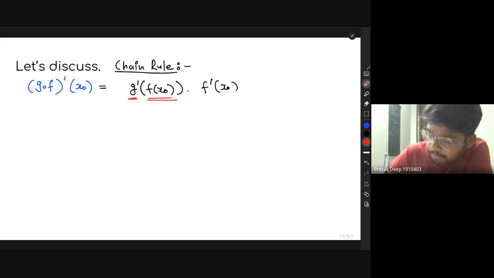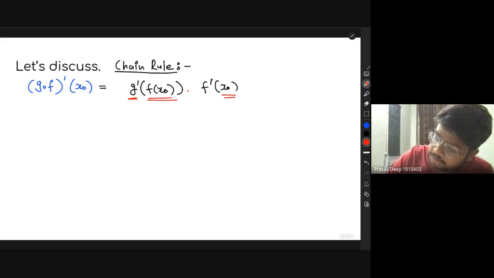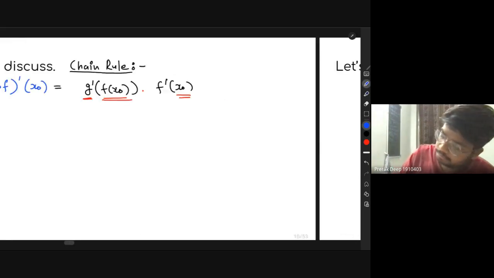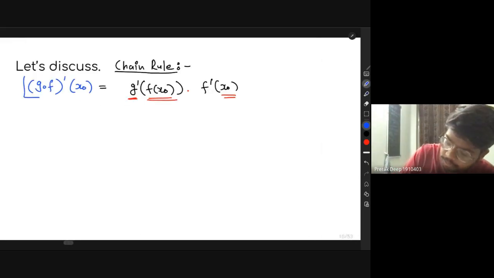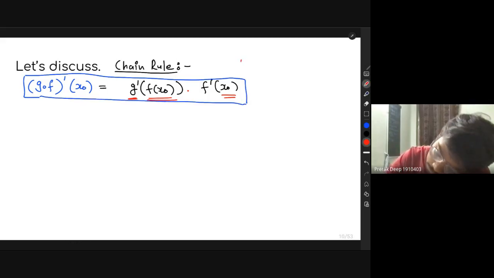So there will be two differentiations involved. First, you differentiate g at f of x naught, and then you differentiate f at x naught. This is how you define the differentiation of a composite function.